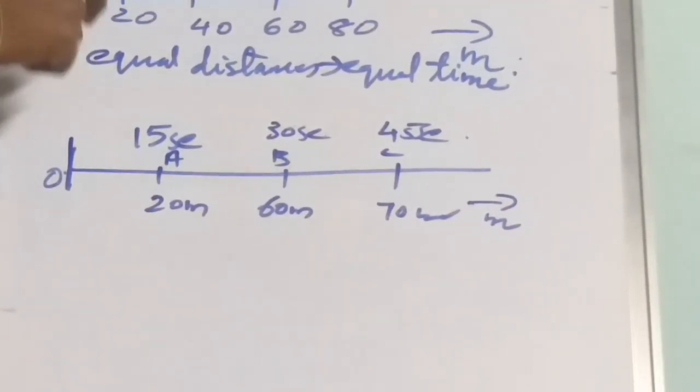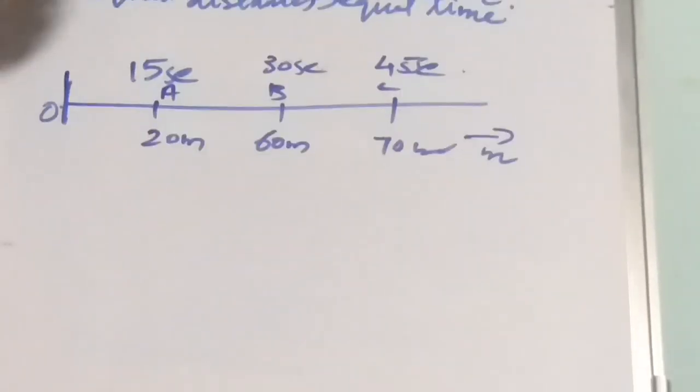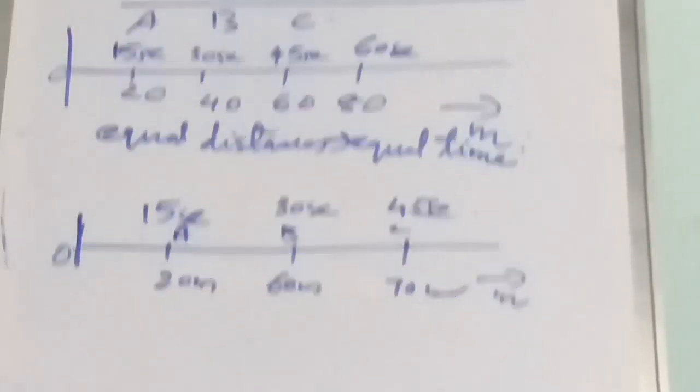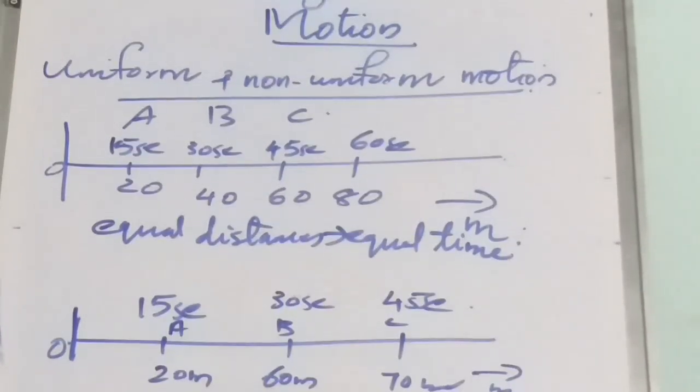So, an object is said to be in uniform motion if it covers equal distances in equal intervals of time.